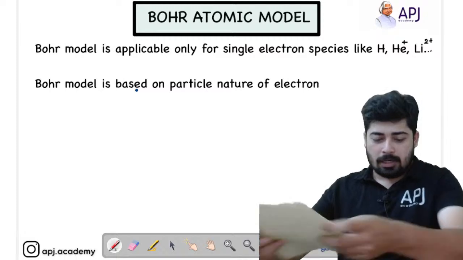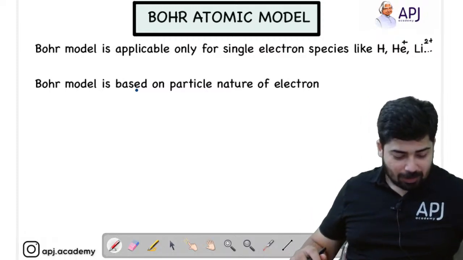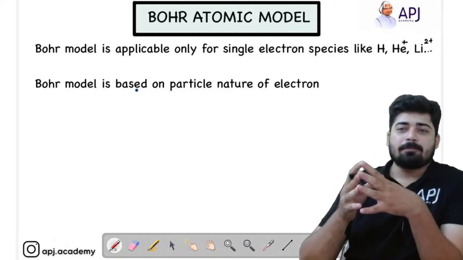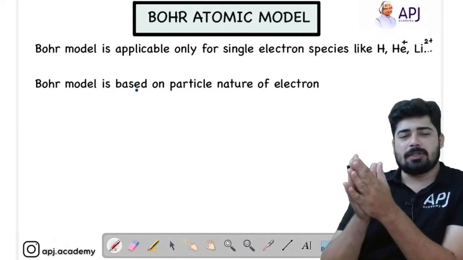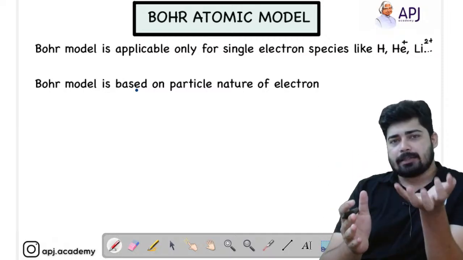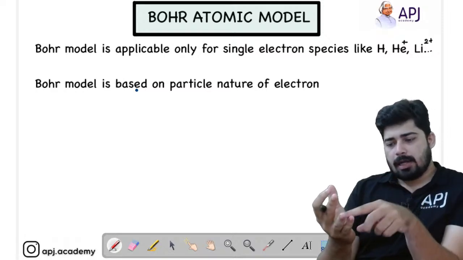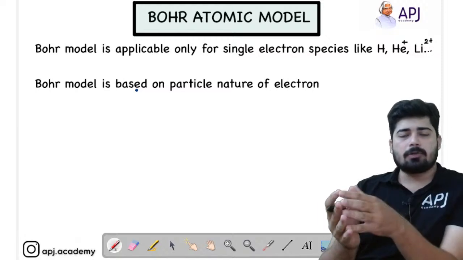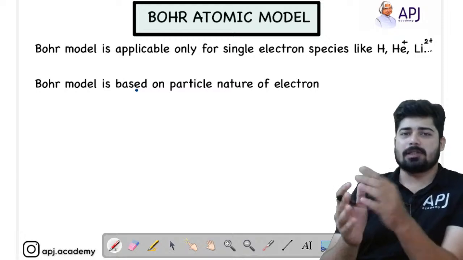Now let's see what Bohr says about his atomic model. We know that the Bohr model is only applicable for single electron species. What do you mean by single electron species? That means an atom or an ion with a single electron. Hydrogen is the only atom in its atomic form which consists of a single electron.